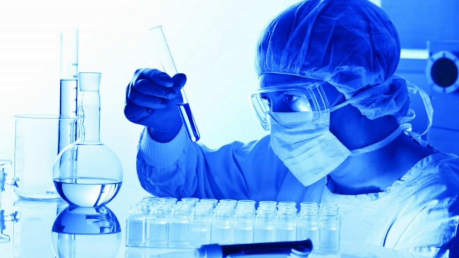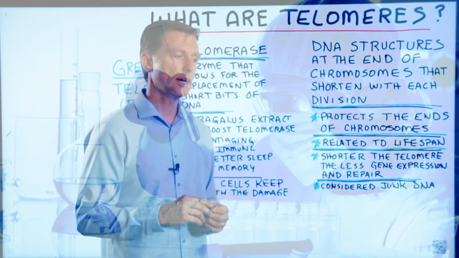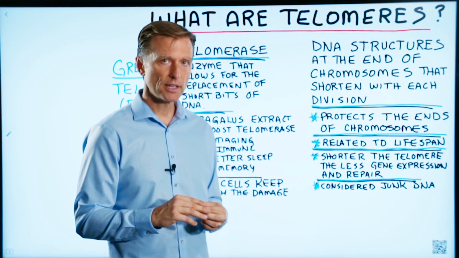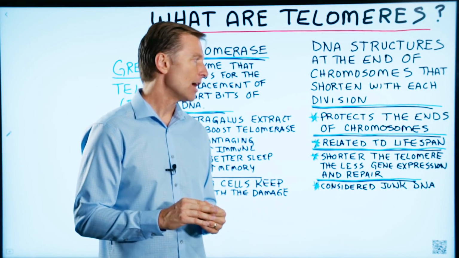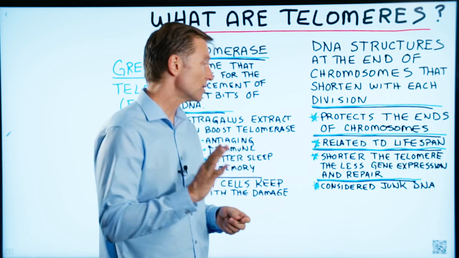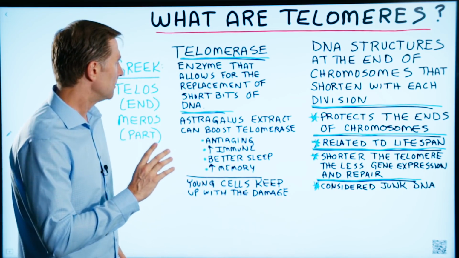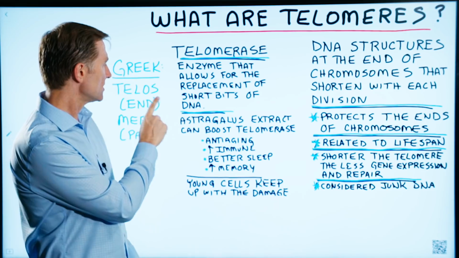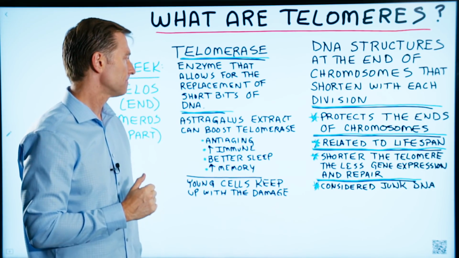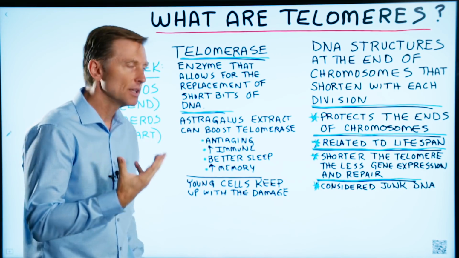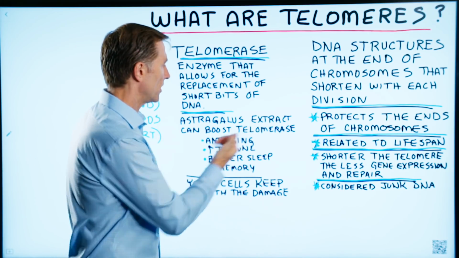Now you're going to see a lot of research coming up in the next 5-10 years on this enzyme. There are some research studies going on right now on humans. They've been doing research on bacteria, yeast, and animals, but now they're going to actually start doing it on humans, and so it should be quite interesting. What we do know right now is there is a plant called astragalus that has the ability to boost telomerase.